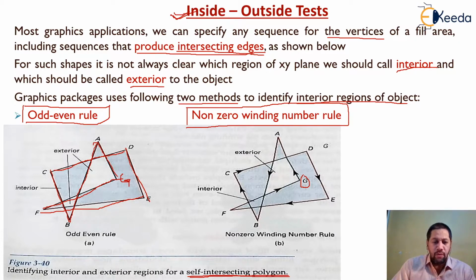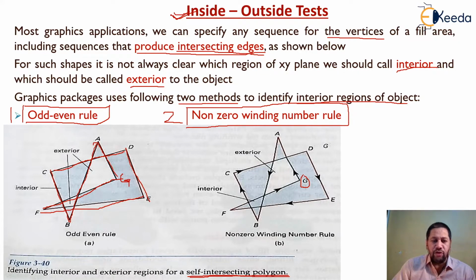Generally these are applicable for complex or self-intersecting polygons. Now we are going to learn these two methods in detail: the odd even rule method and the non-zero winding number rule method.